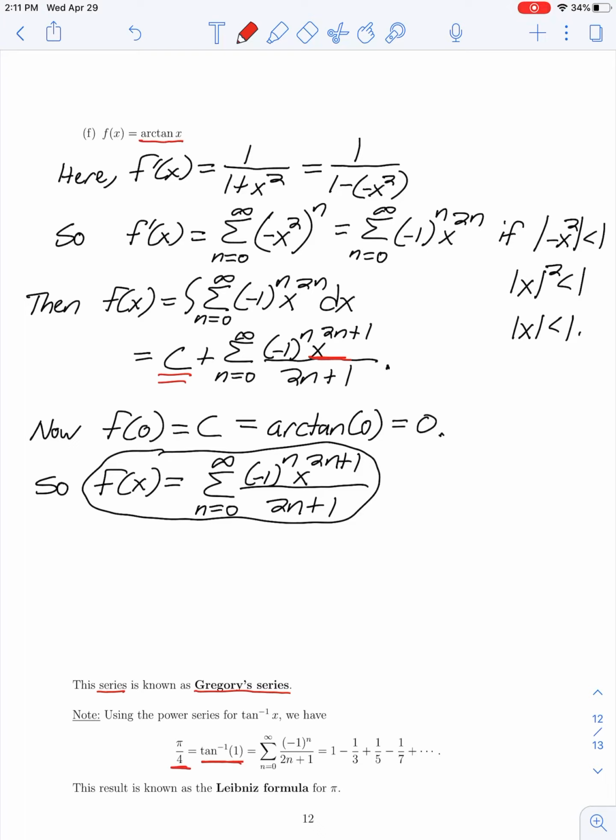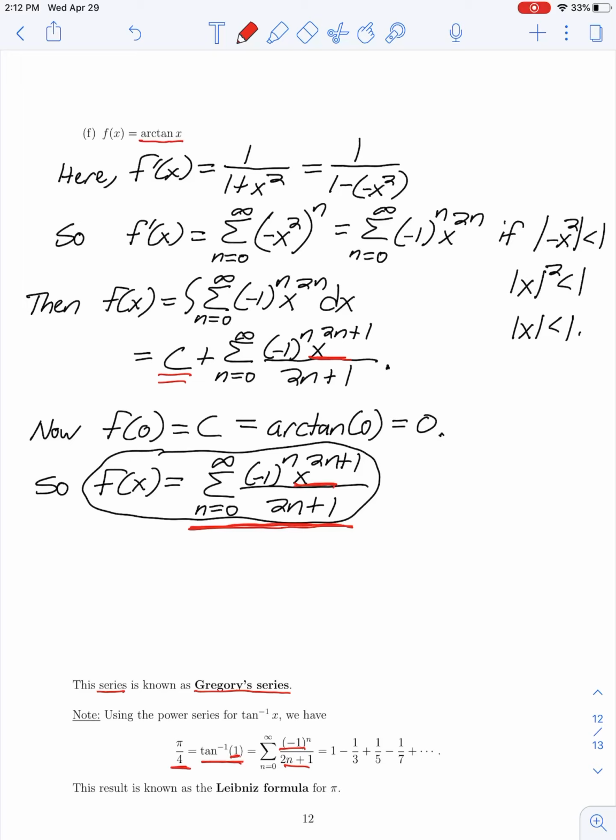So if I look at my power series representation for the arctangent function, and I'm plugging in the value x equals 1, then this 1 to the 2n plus 1 power gives me a constant 1. So I'm left with, for my numerator, just negative 1 to the nth over 2n plus 1, summing from 0 to infinity. So here, pi over 4 can be represented as the sum of this alternating series.